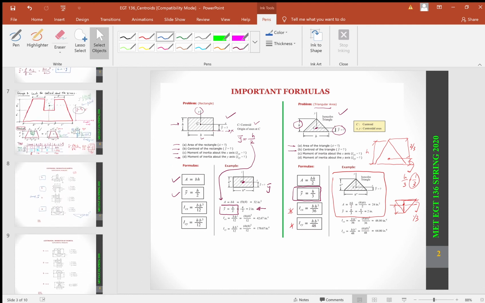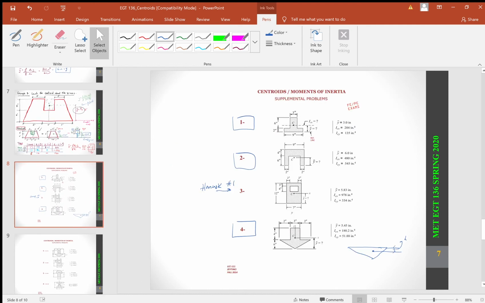So keep that in mind. From here to here is going to be h, and this is going to be h over 3. But now you have to calculate from here to here. You have to calculate this portion.